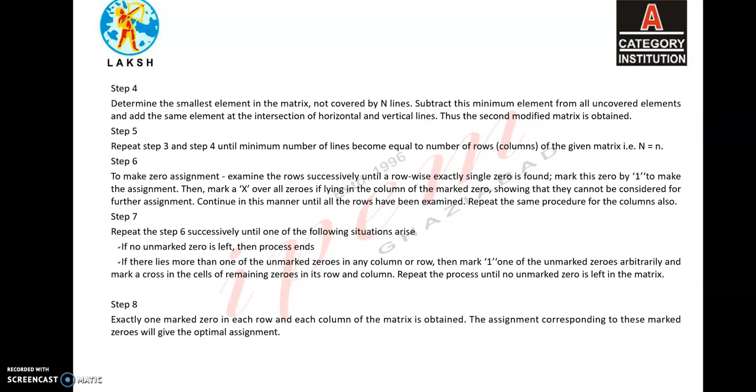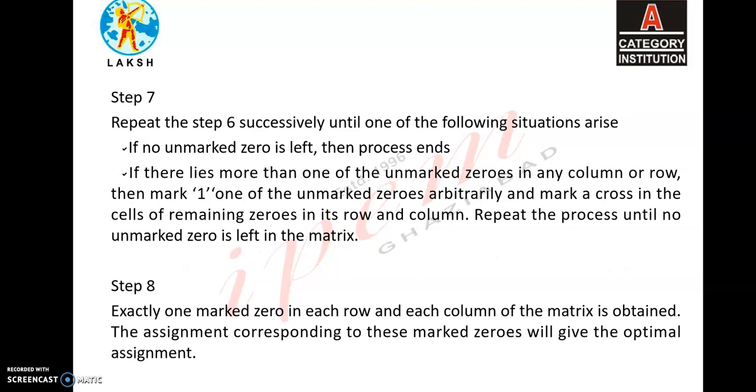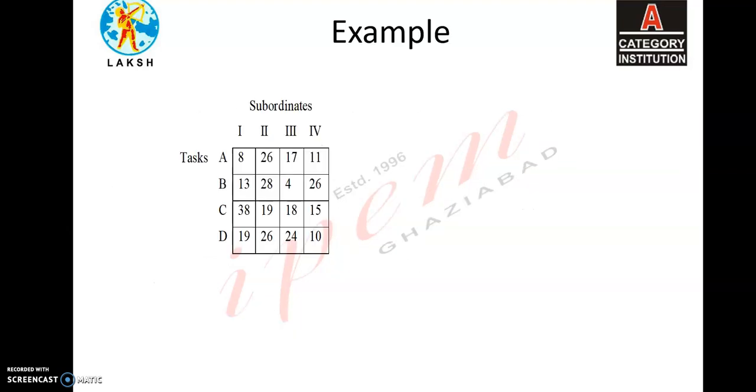Second, if there lies more than one unmarked 0 in any row or column, then mark one of the unmarked zeros and mark a cross in the cell of the remaining zeros. Step number 8, exactly one marked 0 in each row and each column of the matrix is obtained. The assignment corresponding to these marked zeros will give the optimal assignment.